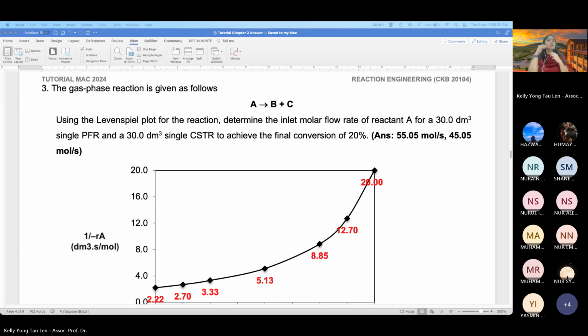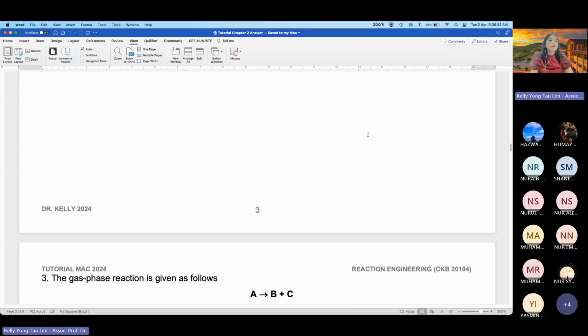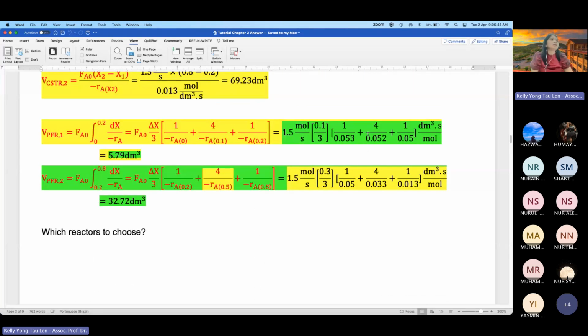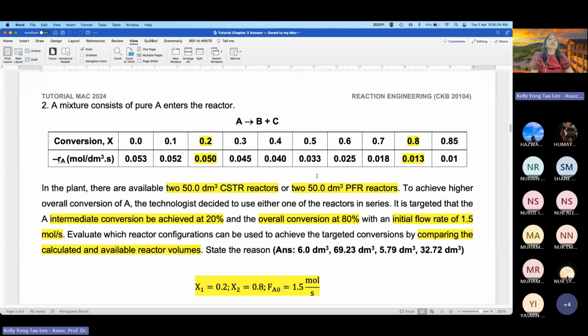Okay. So yesterday we have already solved 2 questions related to designing reactors, of which we were able to calculate the volume of the reactor, single PFR or single CSTR, as well as reactors in series, which involve CSTR in series or PFR in series. So yesterday both questions were focusing on using the table.